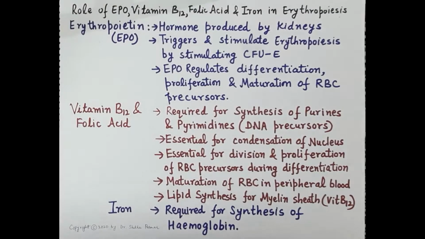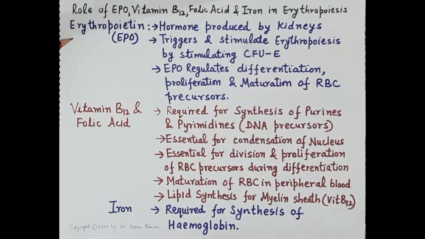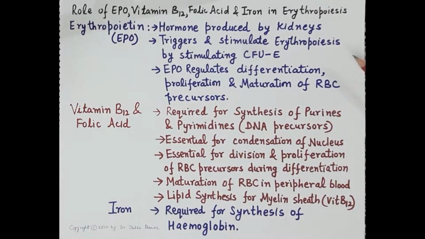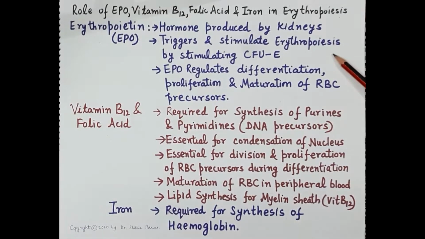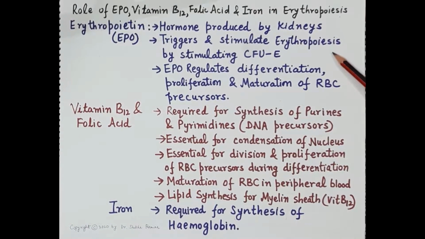Now, hope by now you must have understood the importance of hematinics in RBC formation. Let's once again memorize the role of erythropoietin, vitamin B12, folic acid and iron in erythropoiesis. Talking first about erythropoietin, a hormone produced by the kidneys. As we have already discussed, it triggers and stimulates erythropoiesis by stimulating colony forming unit erythroid.